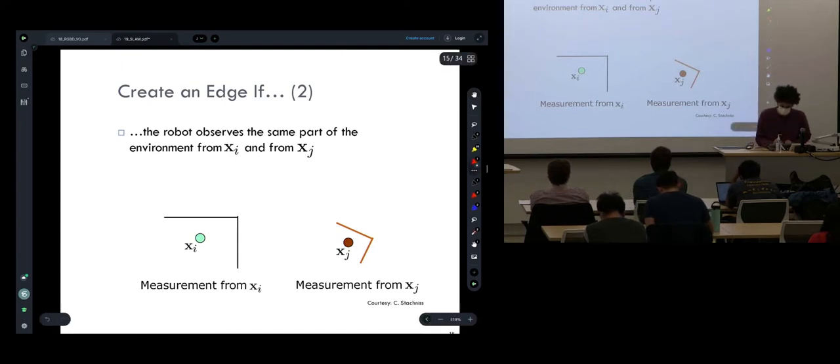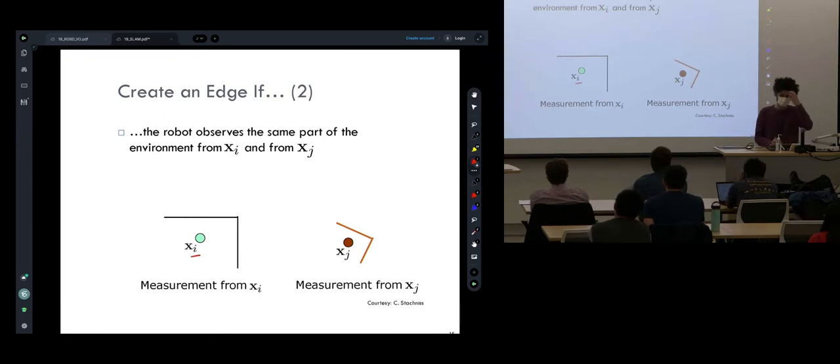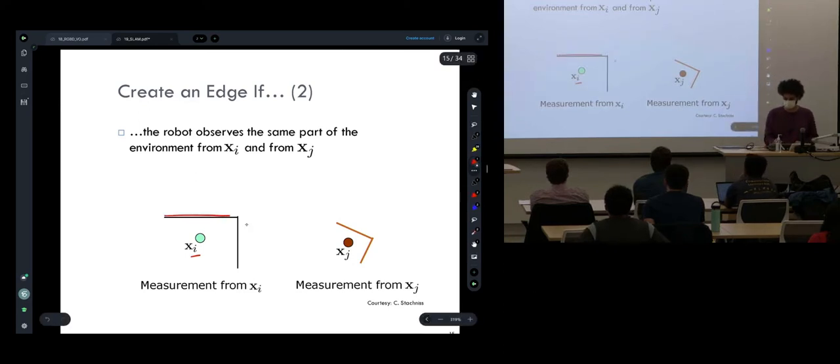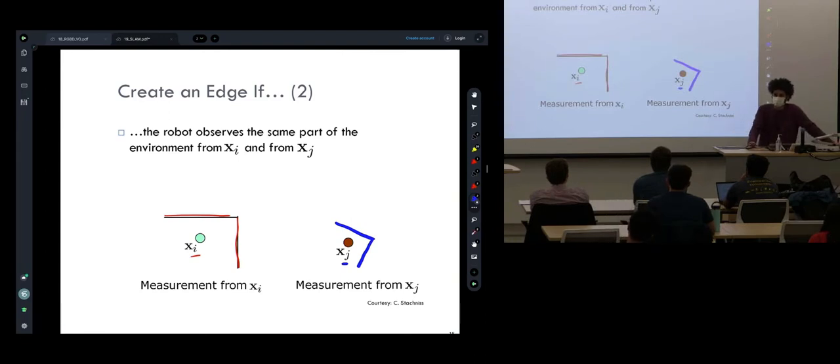In particular, at time step i, we might have observed a point cloud, a measurement of a corner of a room that's like this. And at time step j, maybe I observed the same corner, right? Maybe the robot moved around the room and came back to the same corner.